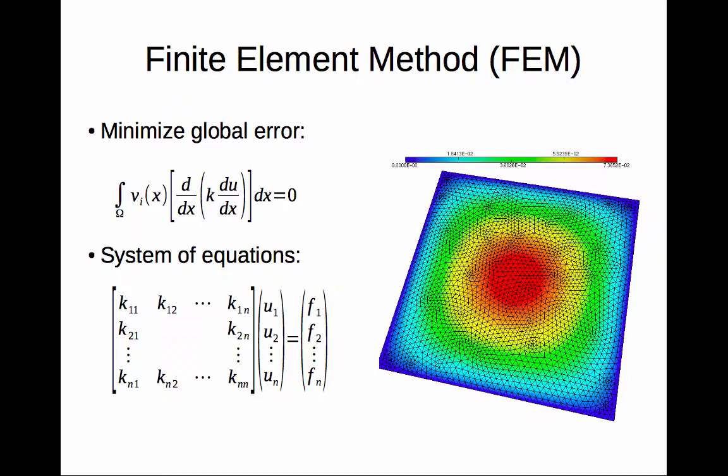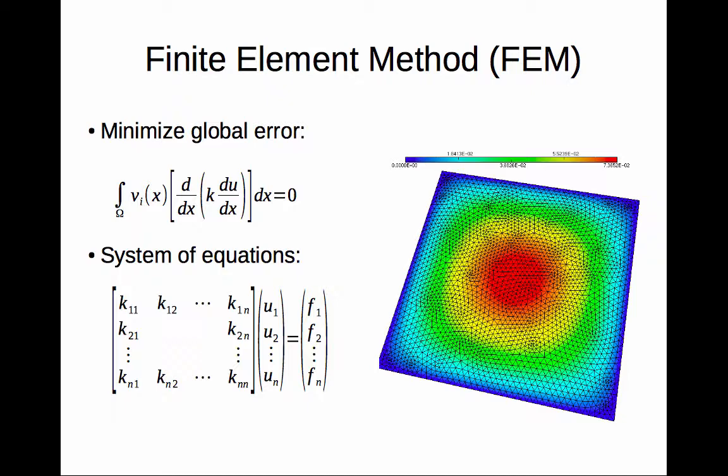Once you have these basis functions, once you've created the appropriate functions within each element, you stitch these things together by matching the boundary conditions and then minimizing the global error in your solution by building this system of equations. You build your system of equations, which includes the stiffness matrix K, the forcing function on the right F, and the nodal values or degrees of freedom are U in this case.